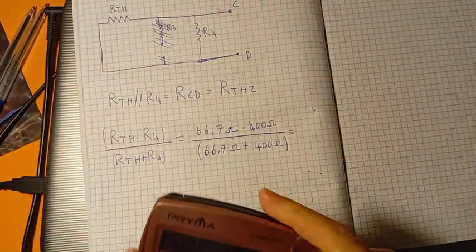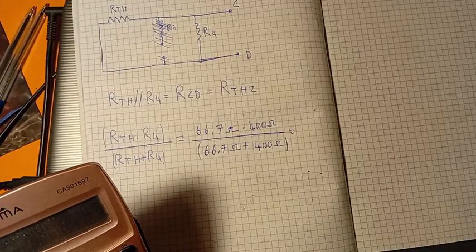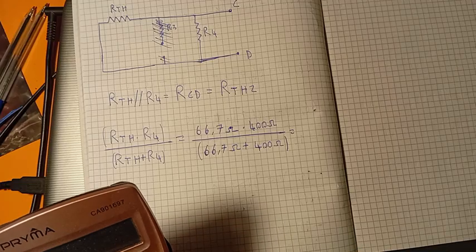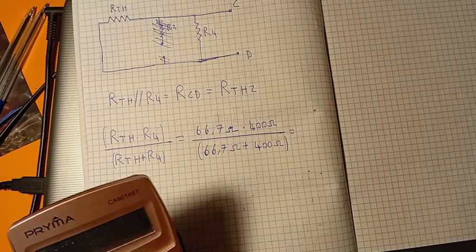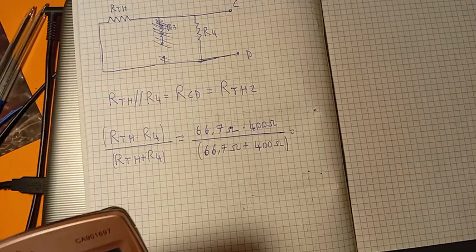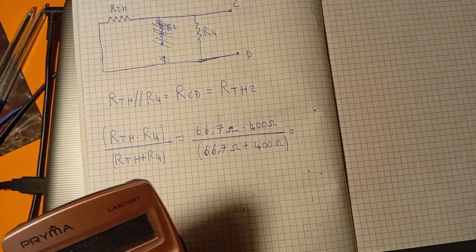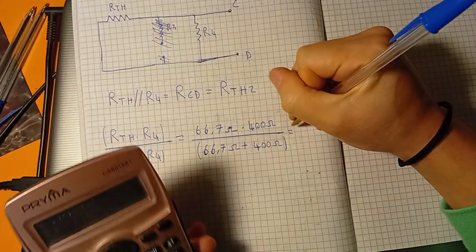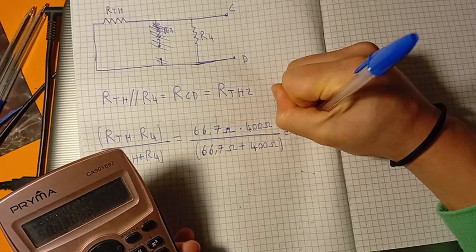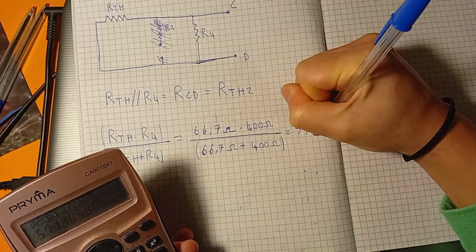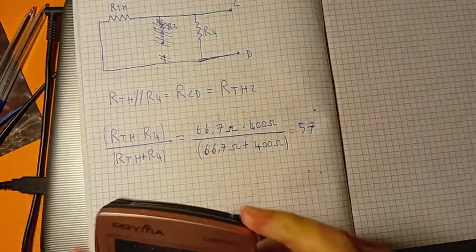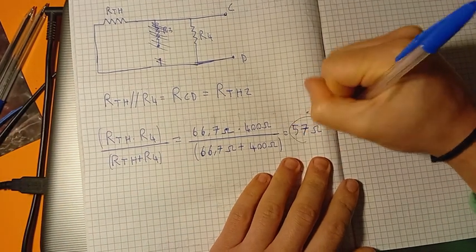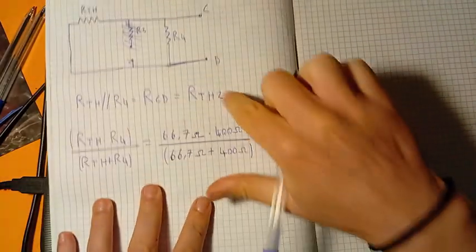Let's calculate it. Okay, the result is almost 57 ohm, and this is our RTH2.